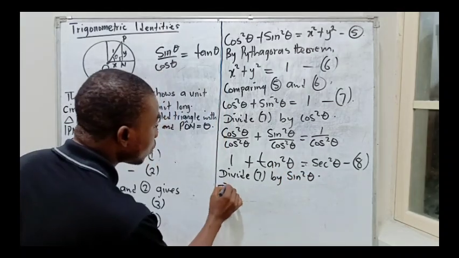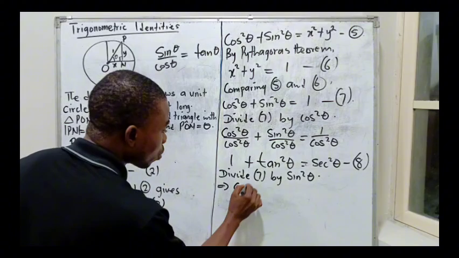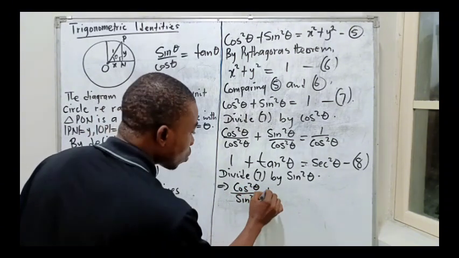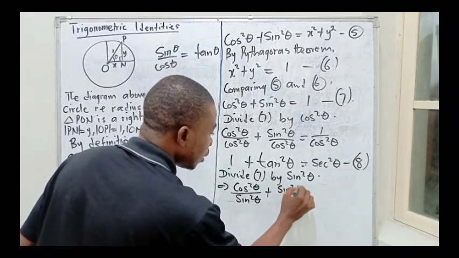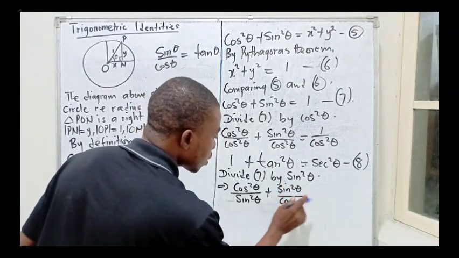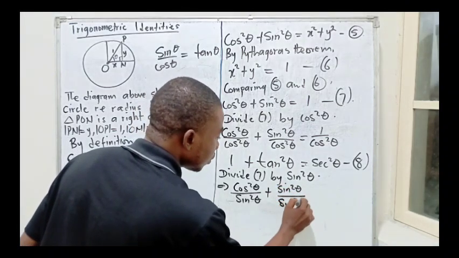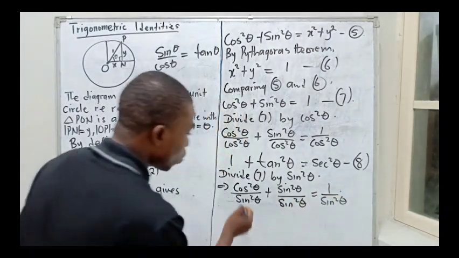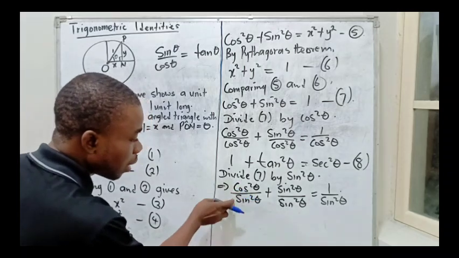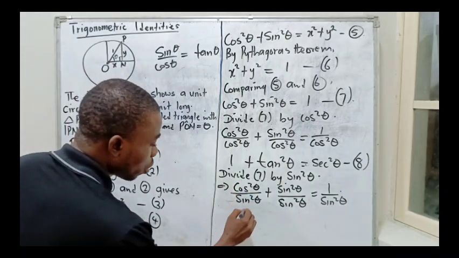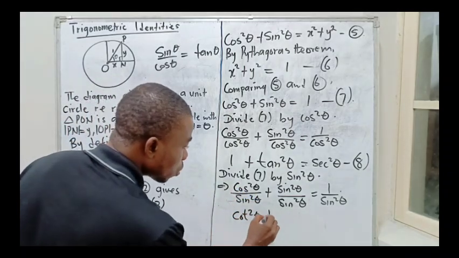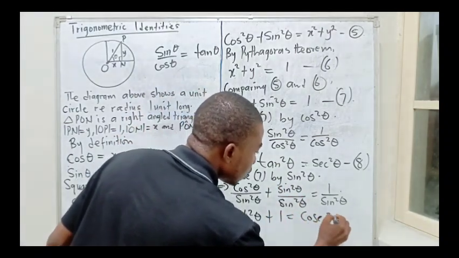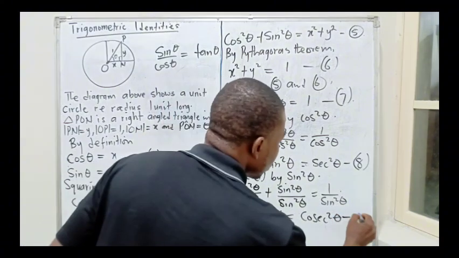So we have cos squared theta divided by sine squared theta plus sine squared theta divided by sine squared theta is equal to 1 over sine squared theta. When we divide, cos over sine is cot, so cot squared theta plus 1 is equal to cosec squared theta. Now this is equation 9.